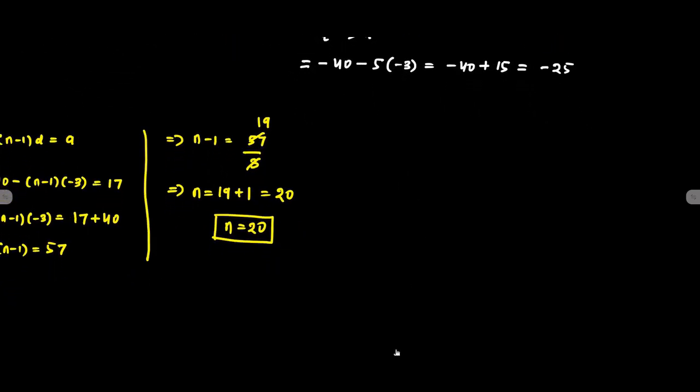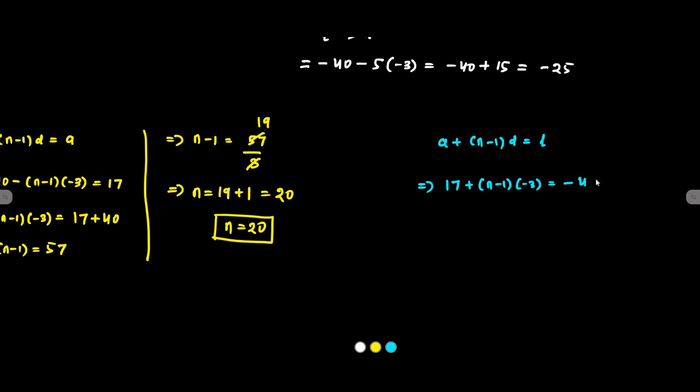Here a plus n minus 1 d is equal to L. So a is equal to 17 plus n minus 1 into d, that is minus 3, is equal to the last term, which is minus 40.